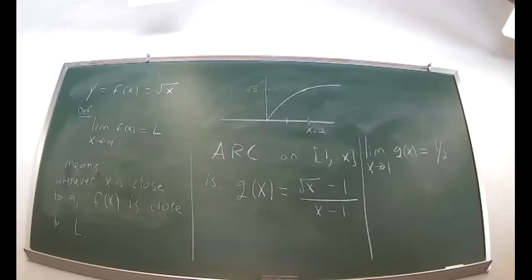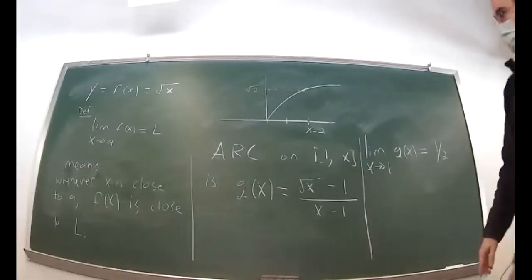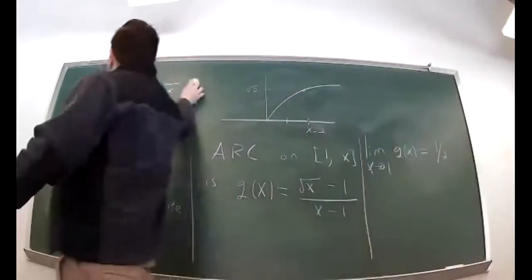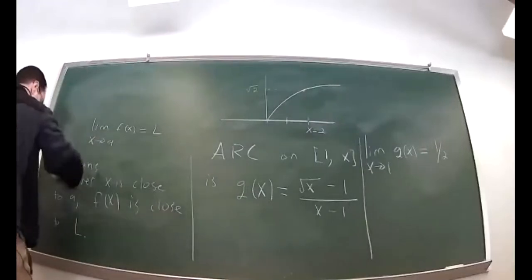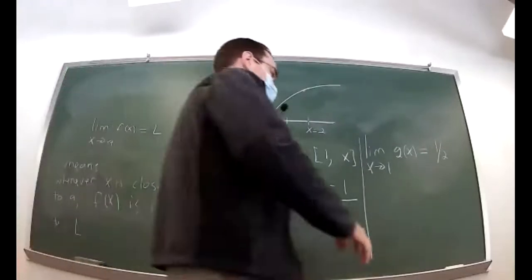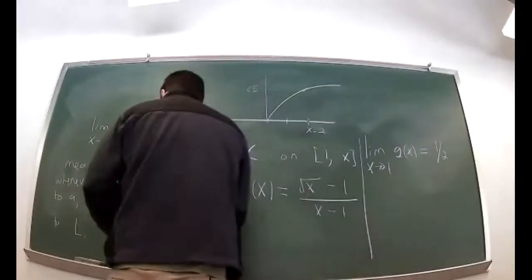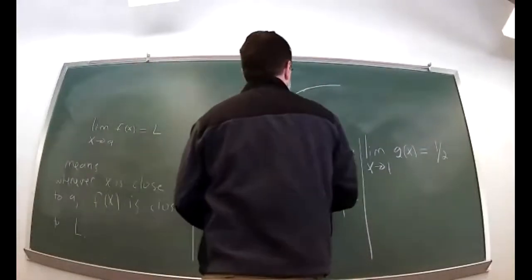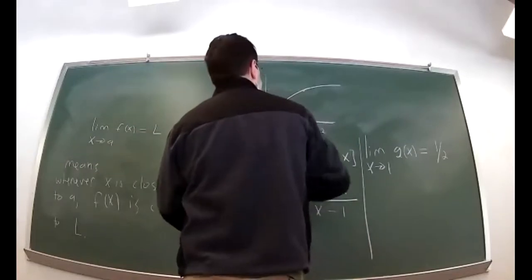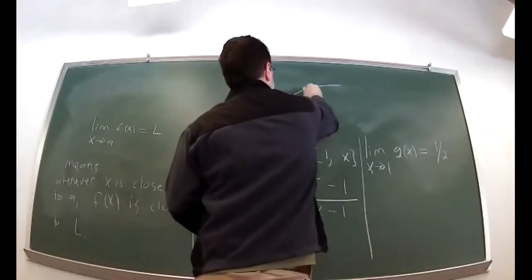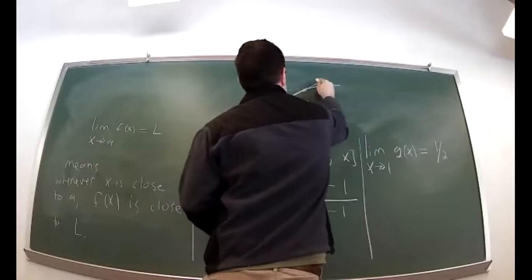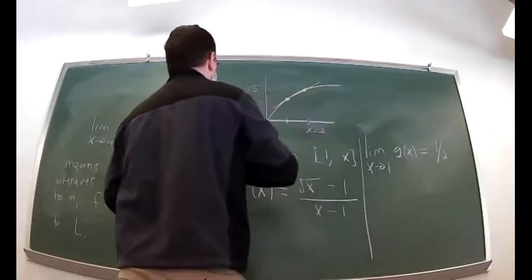So why is it that formula, and why is it 1/2? So it's that formula because, remember, average rate of change from a point to another point is the slope of the line between them.